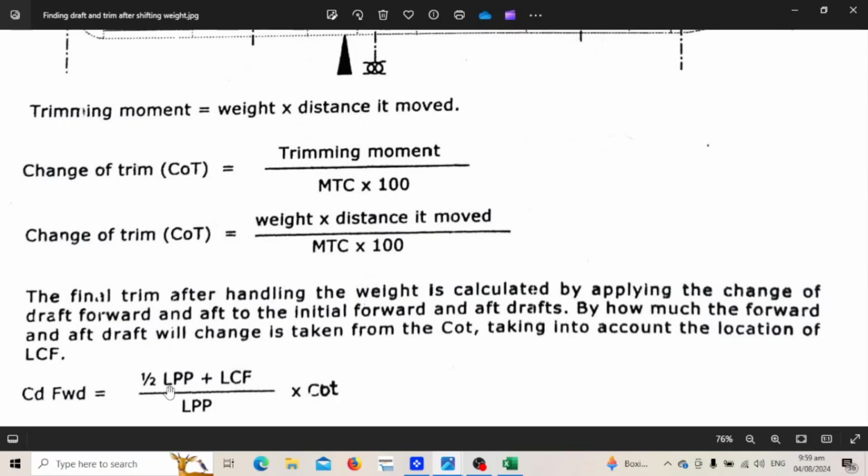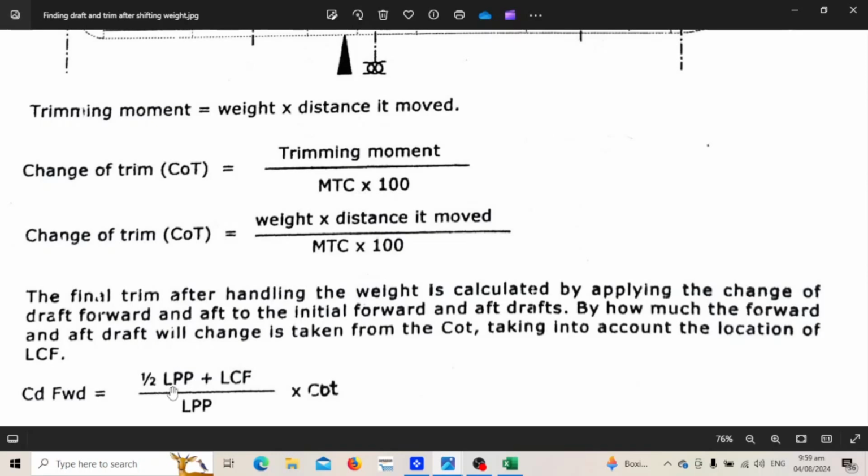This LPP, you can find in your ship's particulars, and this LCF, you can find based on your mean draft. If you have your mean draft, then you will have this LCF. The LPP is also in the ship's particulars. So 1/2 of this, you put it here.